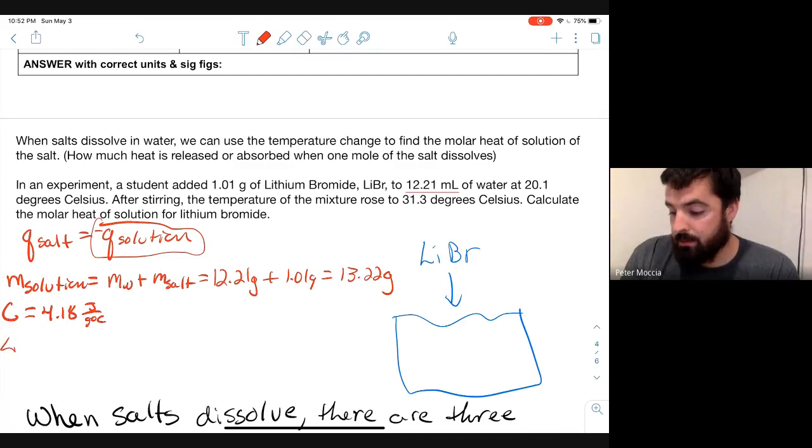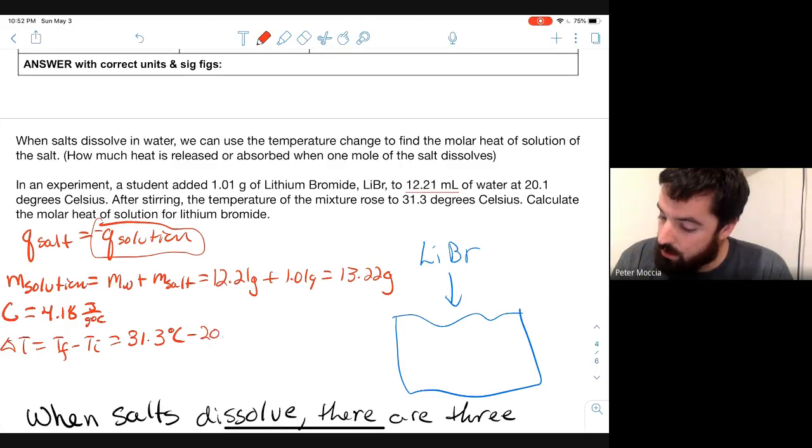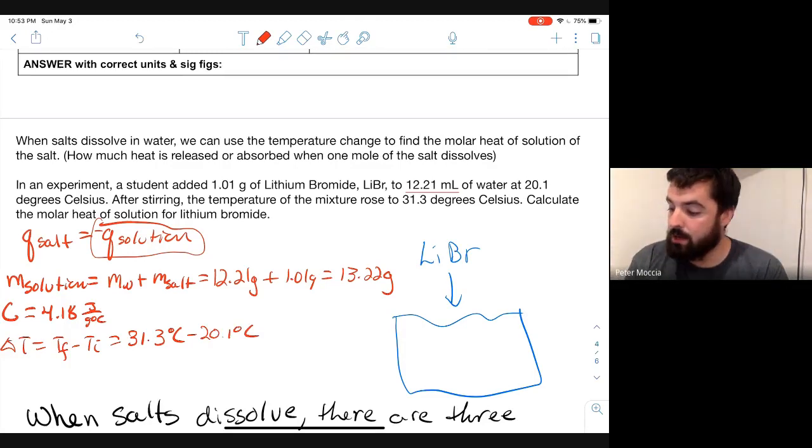And then we're going to find delta T is equal to T_F minus T_I, and in this case that is 30.3 degrees Celsius minus 20.1 degrees Celsius.